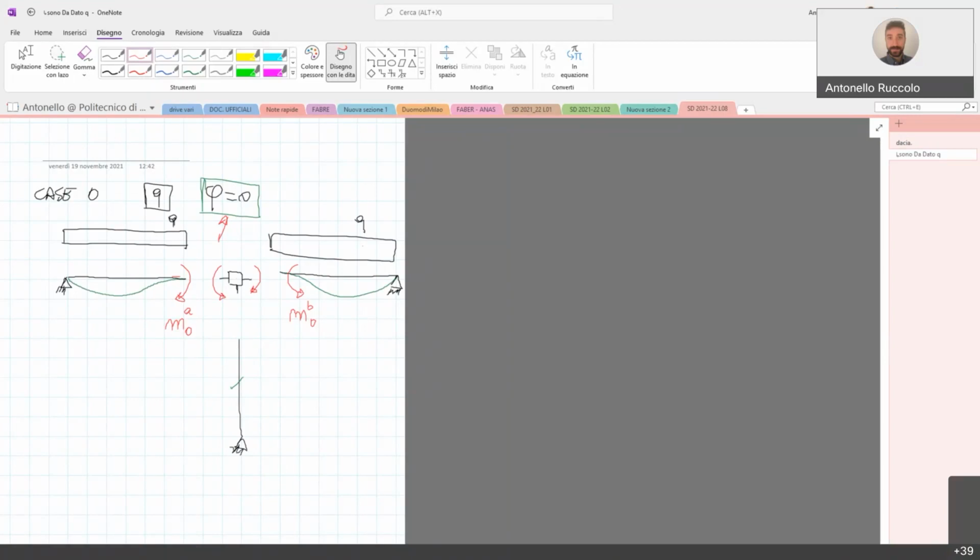But if we also explicit the vertical reactions, the vertical forces, we can see that this method is helping us in solving also the structure.